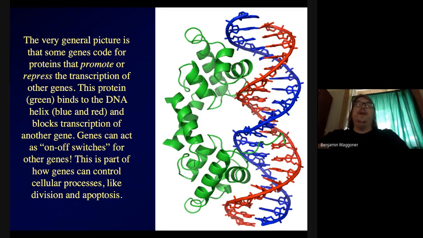You can see lots of alpha helices there, and it's just the right shape to bind to the DNA helix. And this particular protein will block the transcription of another gene. There are other proteins that might bind to the DNA helix and encourage a gene to be transcribed. We call those promoters.